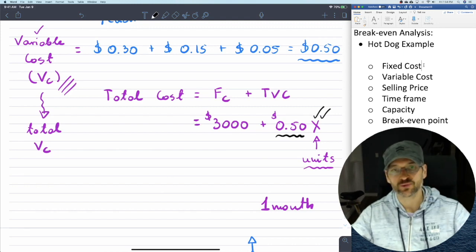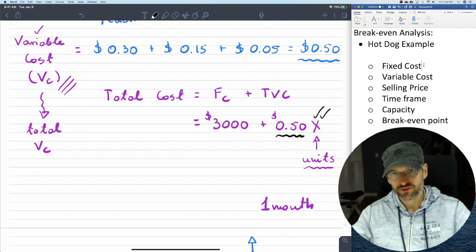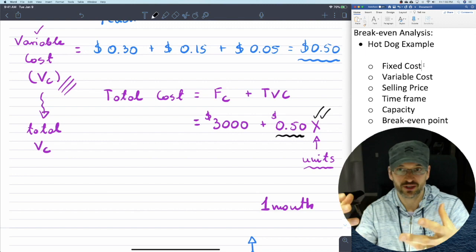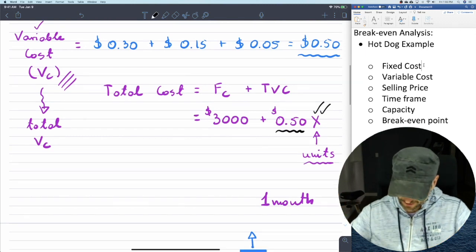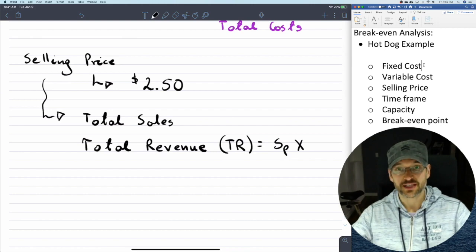Every time you sell an actual hot dog, 50 cents of that is actually a cost, but you are going to be selling these at $2.50.